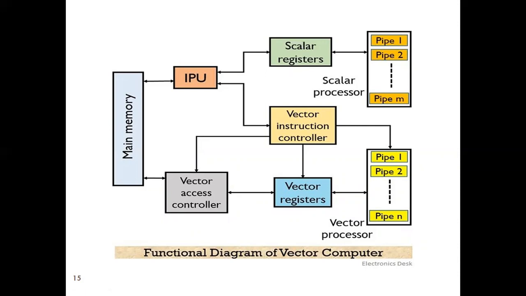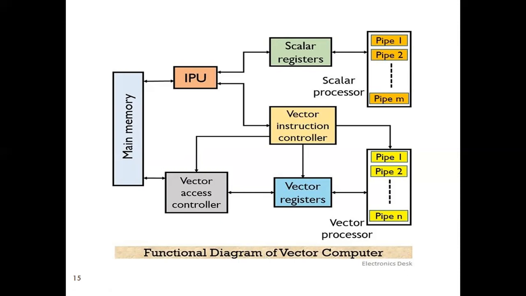When the instruction is vector in nature, then it is fed to the vector instruction controller. This vector instruction controller first decodes the vector instruction, then accordingly determines the address of the vector operand present in the memory.